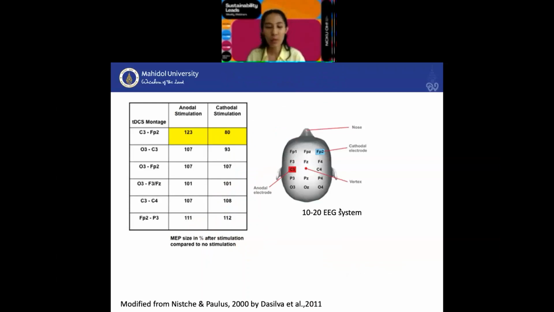what they found from Nitsch and Paulus is very interesting. This is a pioneer work of tDCS, and it has become popular until now from that study. Okay, if you can see the numbers in the table, a big number represents a great change of motor evoked potential, a big MEP.